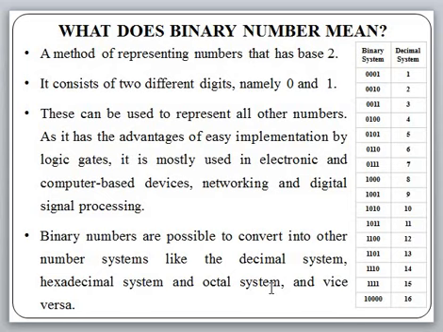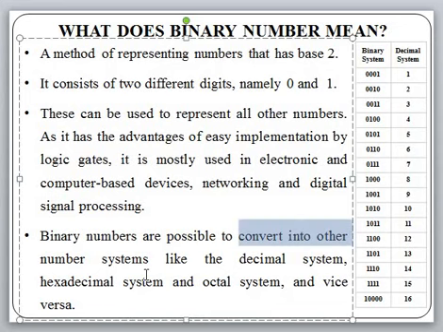Or vice versa, that means decimal to binary or binary to decimal, hexa to binary or binary to hexa, octal to decimal, octal to binary or binary to octal. All these conversions are possible, but in this program we have to learn how to convert a binary number to a decimal number system.